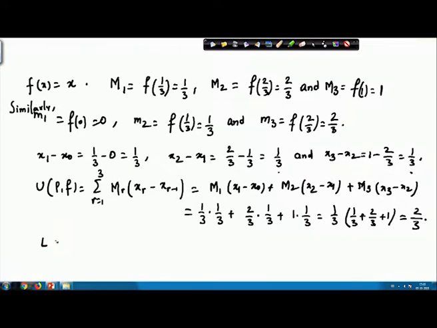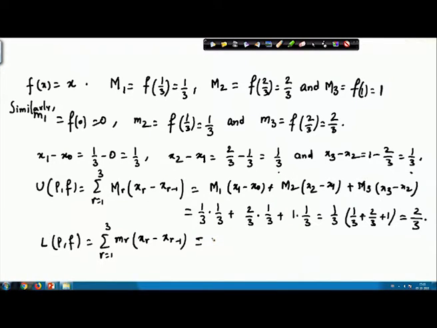And similarly we can calculate LPF, which is our lower integral sum. This can be given as the sum, r equals 1 to 3, of small m r times x r minus x r minus 1. We expand in the similar fashion, small m1 times x1 minus x0 and so on.